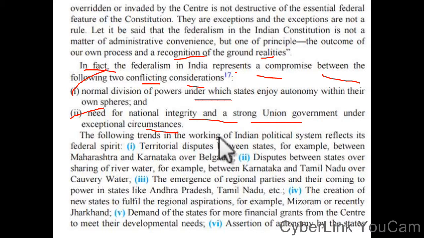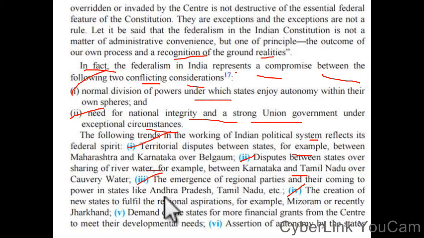The following trends in the working of the Indian political system reflect its federal spirit. Disputes between states, for example between Maharashtra and Karnataka over Belgaum. Disputes between states over the sharing of river water, for example between Karnataka and Tamil Nadu over the Kaveri water. The emergence of regional parties and their coming to power in states like Andhra Pradesh and Tamil Nadu.